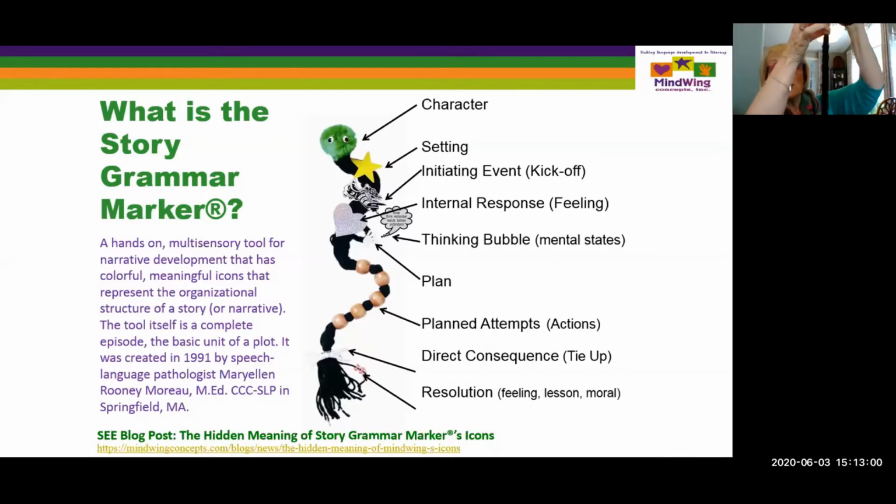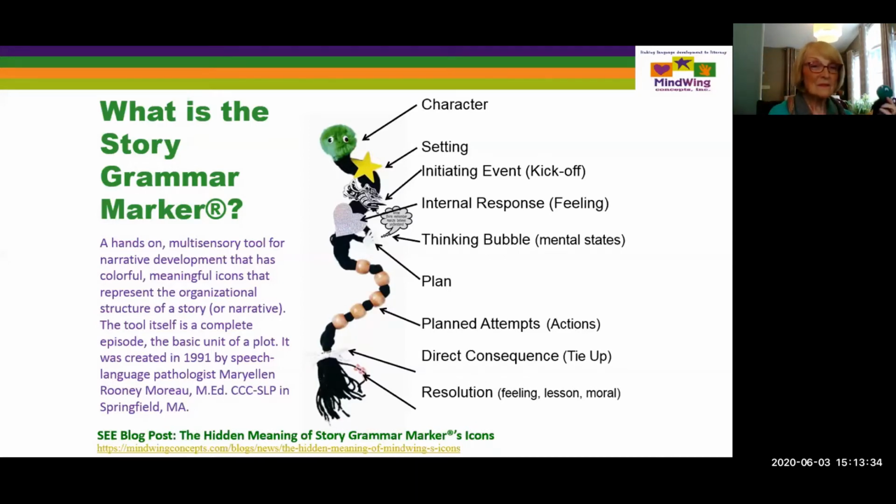The direct consequence of the actions that leads from the plan to the outcome. And then there are little hearts on the end that are a reflection opportunity to reflect on what happened. Did it turn out as it should have according to you? So this is used for multiple perspectives in stories and in life, because of course, there's never just one opinion.